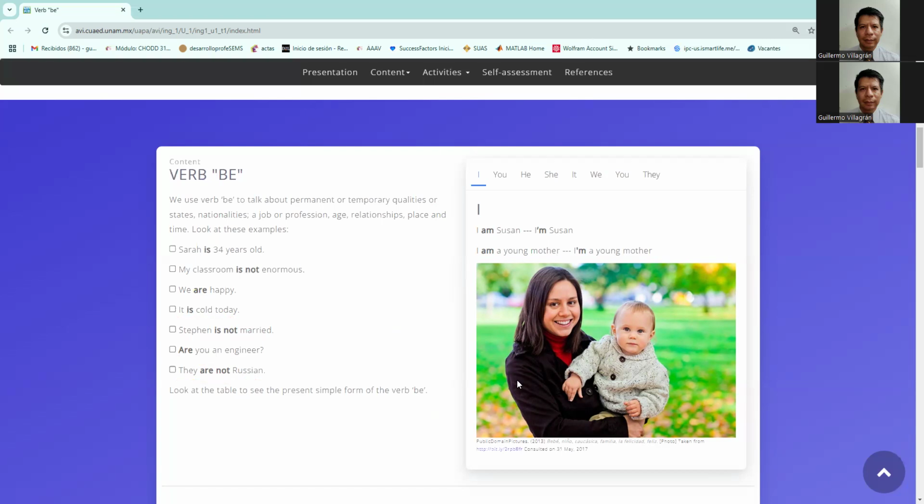Okay. You see the next table. We can see the simple form of the verb to be. We have I am Susan, and the contraction is I'm Susan. I'm a young mother.